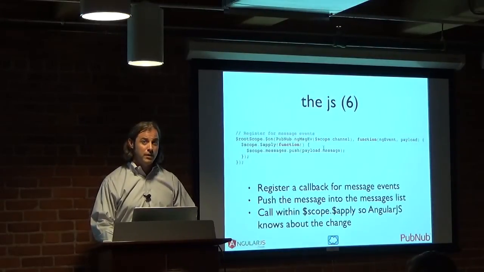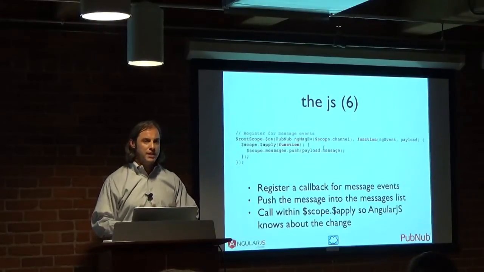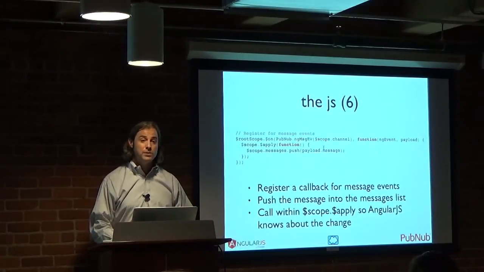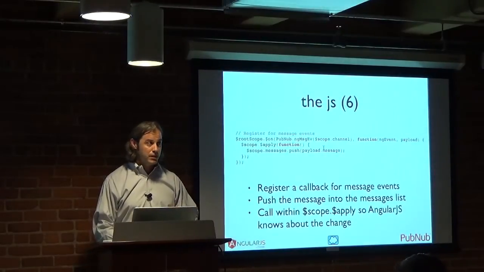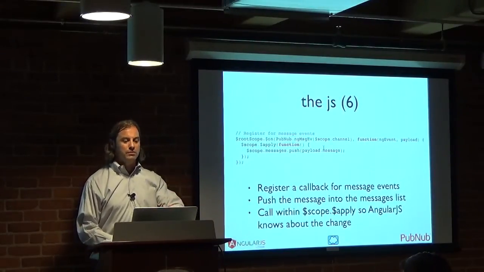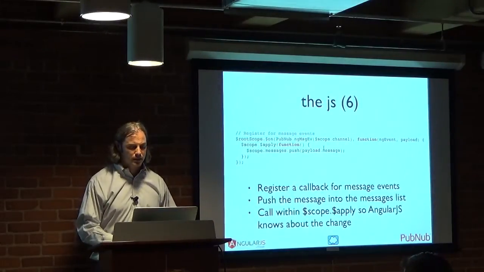Everyone following? And because of the trickiness of Angular scopes and the digest loop and everything, we need to put this within a scope.$apply or call it scope.$apply after it so that the changes to the array are updated. Because there isn't any easy way to notify Angular of that. I think with some of the newer JavaScript ways, there's ways to have observers on objects. So these scope.$apply calls may go away in the future, but for backwards compatibility, it'll probably be necessary for a little while. Everyone following so far?